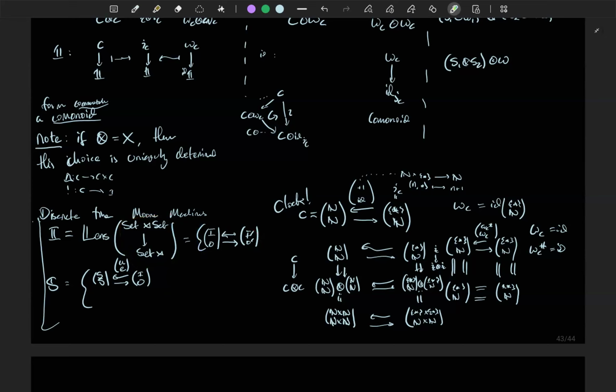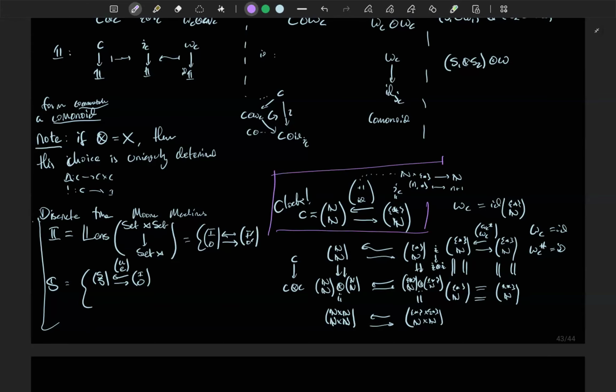But as you can see, all the structure is highly constraining. So in this case, all we had to do was pick the clock, right? Everything else was determined by the various constraints it was under.